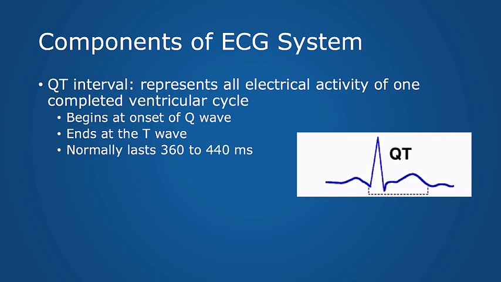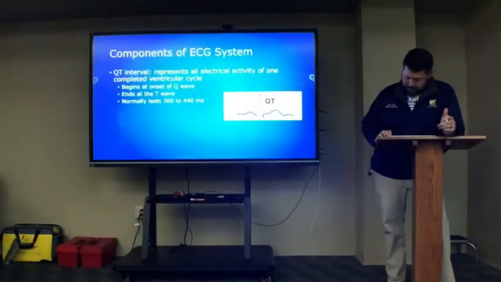If a person is hypocalcemic, what's the QT interval going to look like? It's going to be longer, because you're not contracting as fast. If they are hypercalcemic, it's going to be a lot shorter. There are other drugs that can affect the QT interval. Digitalis is one of them. Some of your antiarrhythmics can even affect it as well.